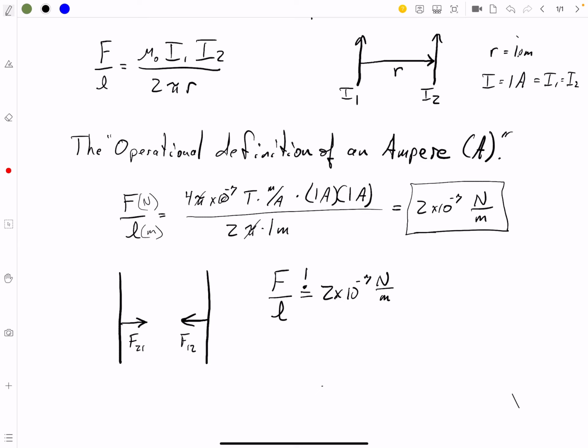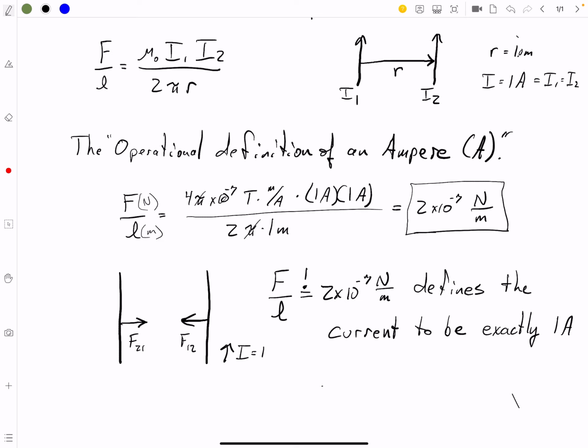And that defines the current to be exactly 1 amp. So I equals 1 amp.